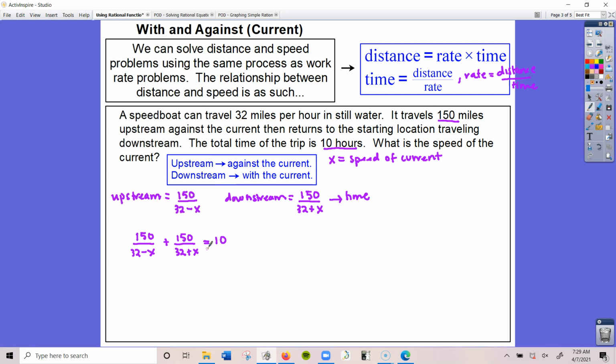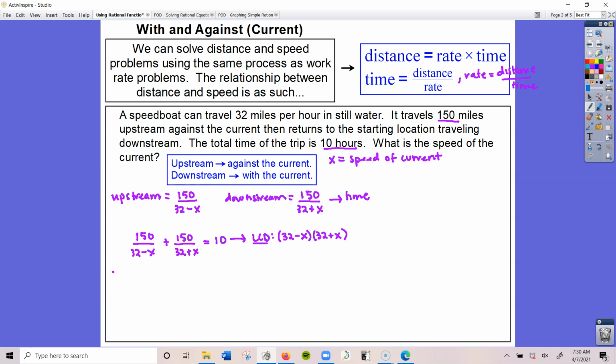So here we're going to do the same thing that we've been doing. We need an LCD. If you look here at the denominators, we only have these two. So my LCD is going to be 32 minus x, 32 plus x. So I'm going to multiply my entire equation by the LCD.